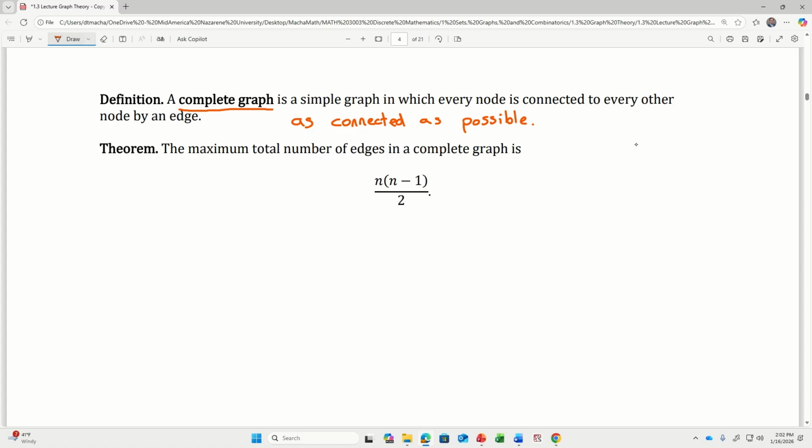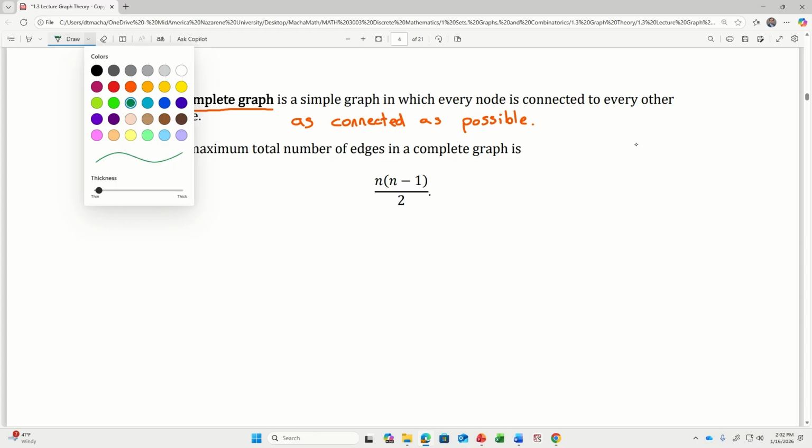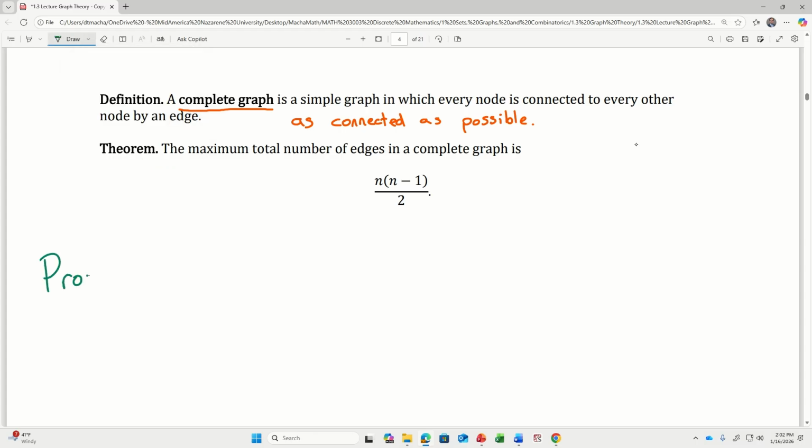The best way to think about this, if you want to explain or prove this theorem, is to start by considering a directed but otherwise simple graph.